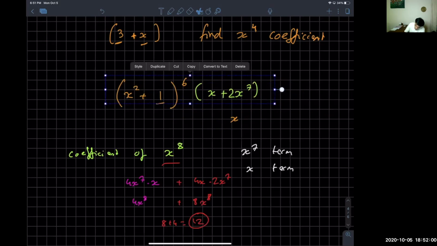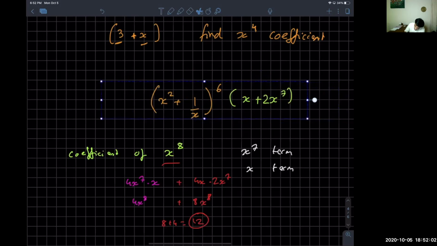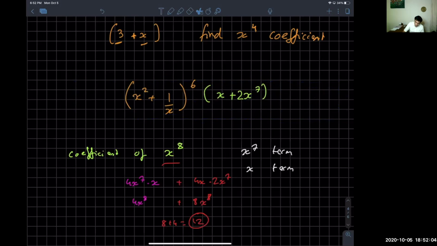Then to find the coefficient of x to the power 8 from this expansion here, we need the x to the power 7 term, and we need the x term. All right, and then what we can do is put that over here and over here and get the answer. Does this approach make more sense? Did this explanation make more sense?